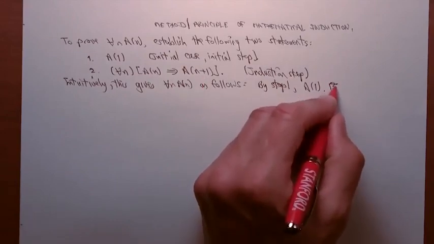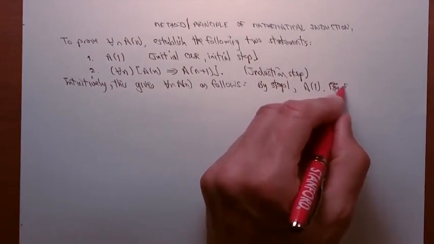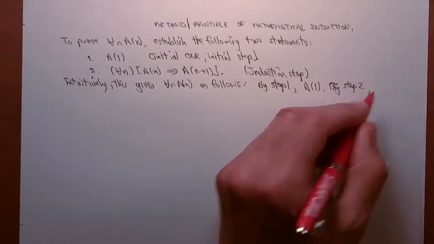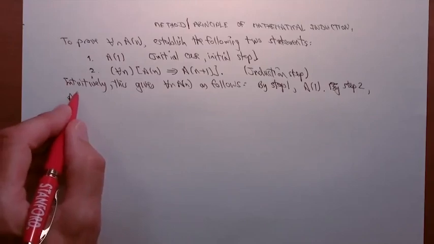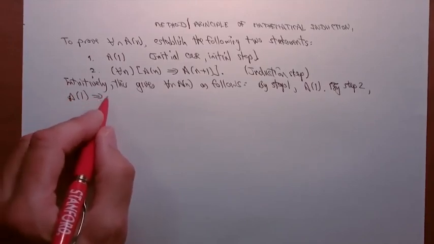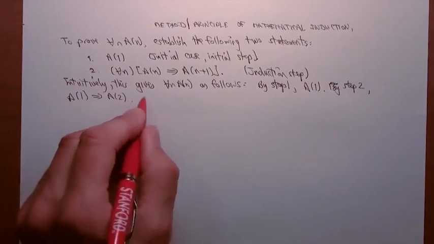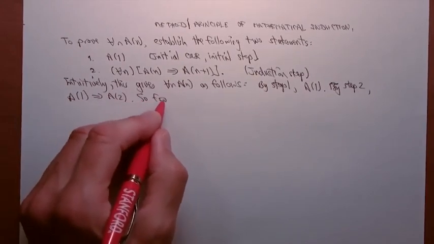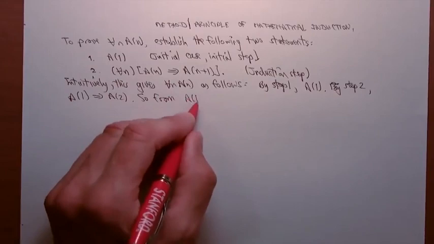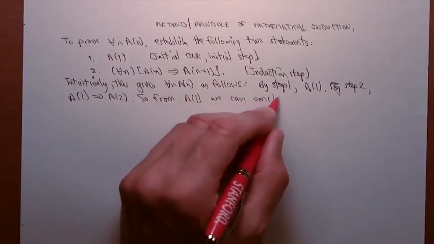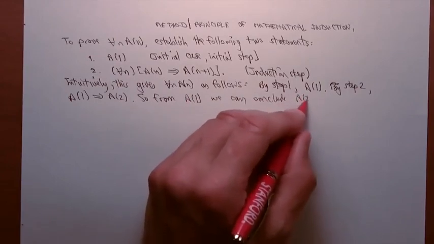So by step 2, A of 1 yields A of 2. So from A of 1, we can conclude A of 2.